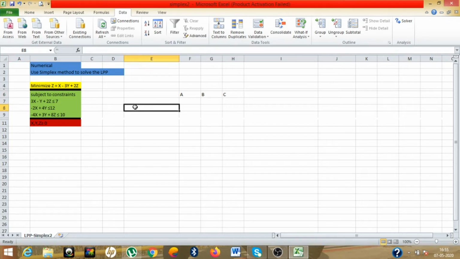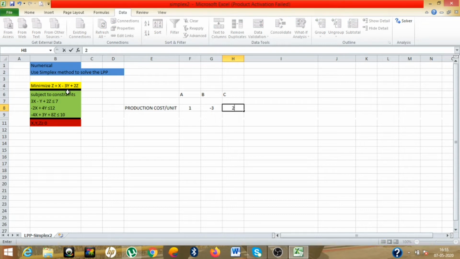So we will see production cost per unit. The production cost per unit of A is 1, for B it is minus 3 and for C it is 2.